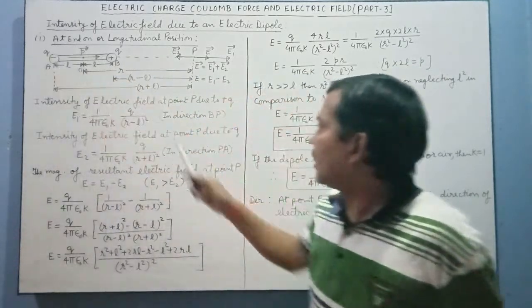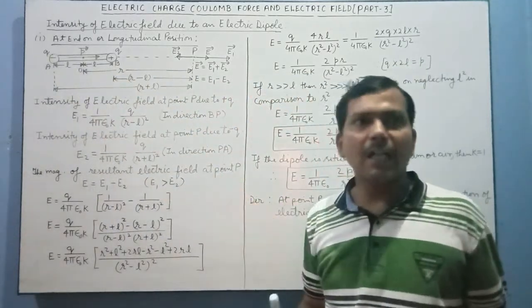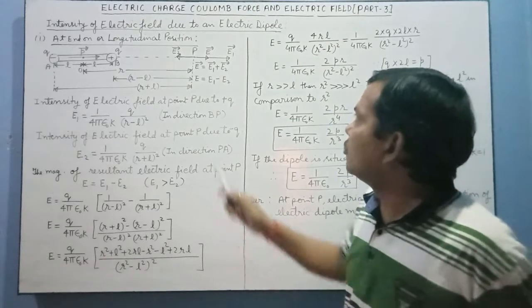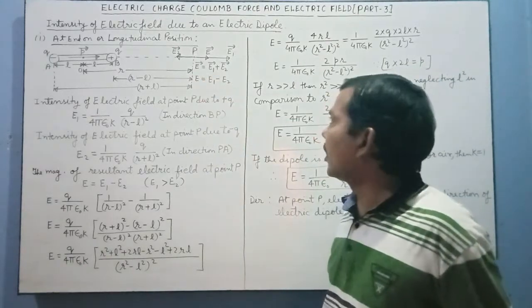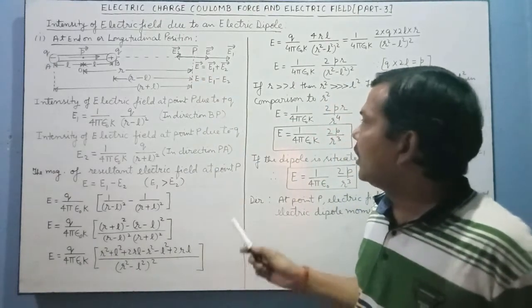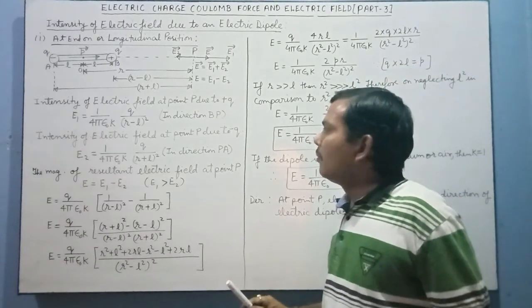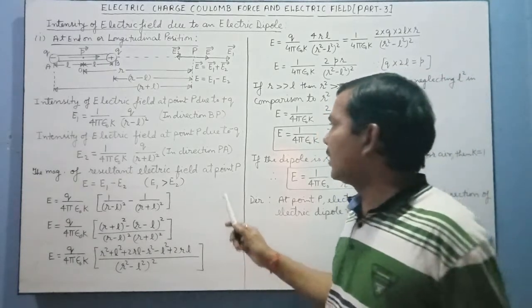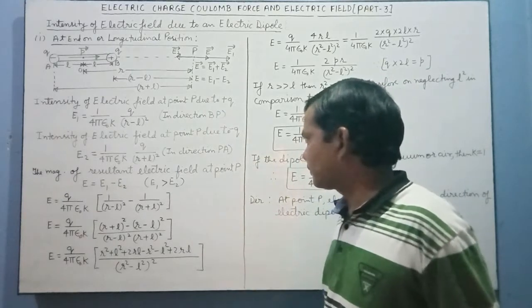The direction of this electric field can also be obtained by using a test charge placed at point P. Now we will obtain the magnitude of the resultant electric field at point P.